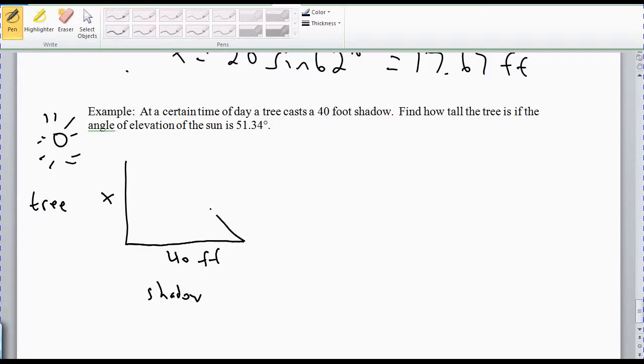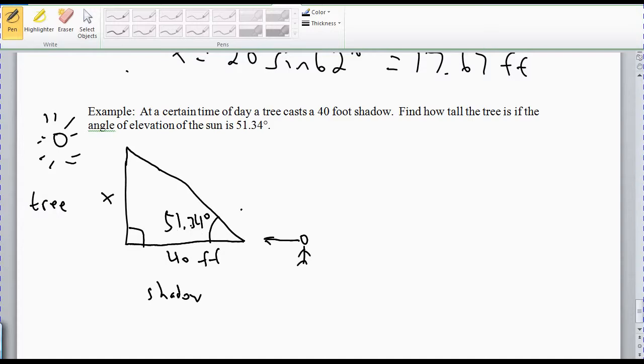Now the angle of elevation is, when we look up, for our line of sight, so imagine you're the person, and this is your horizontal line of sight. The angle up is the angle of elevation, so that angle is 51.34 degrees. And this is a right triangle, once again. So we want to find x.